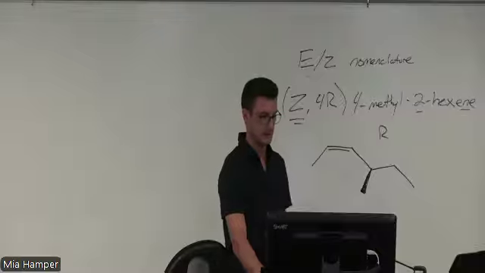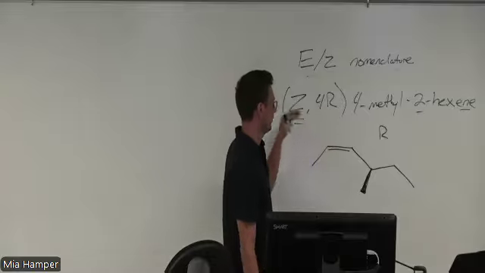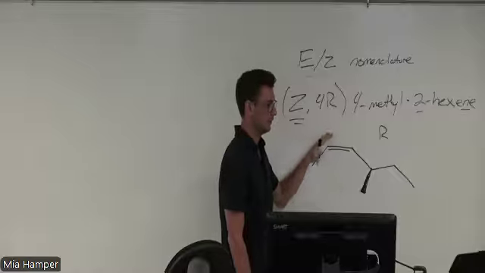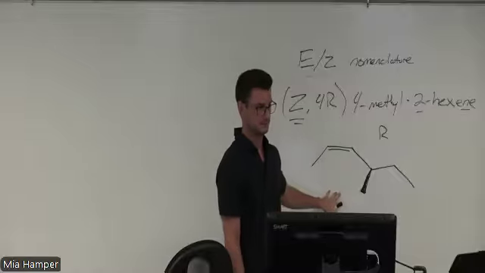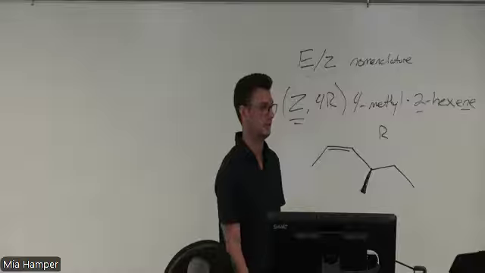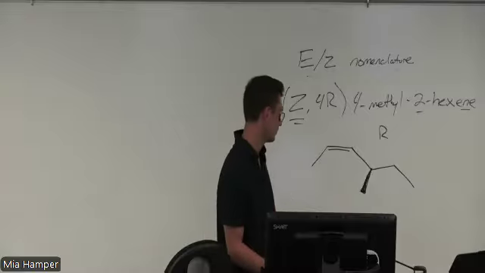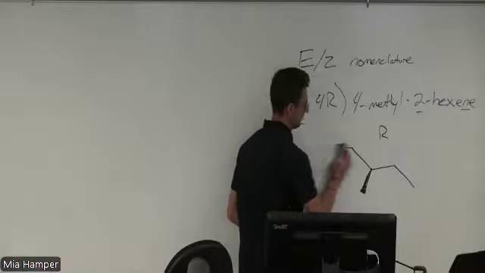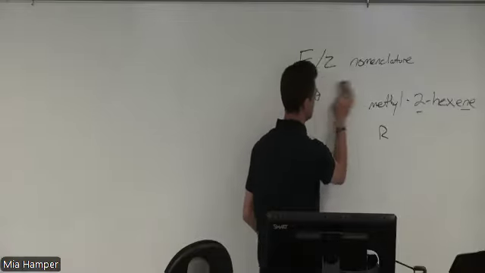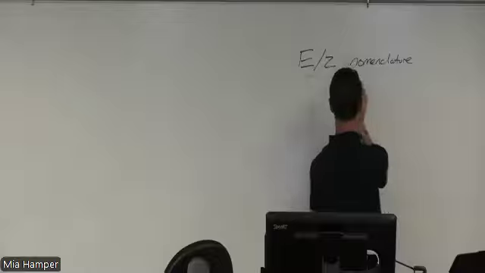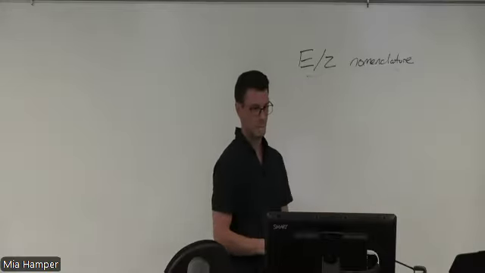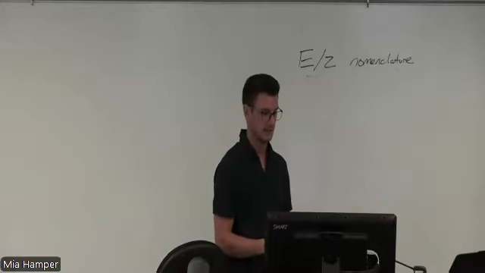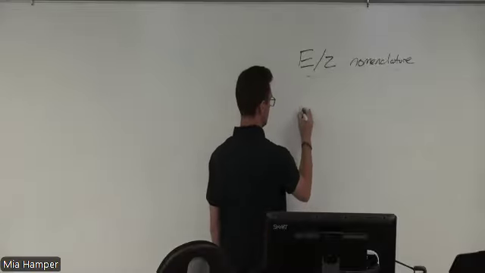So you need to be familiar with how to go from the name to the structure, and just like how you learned in nomenclature, you need to be able to go from the structure to the name. So let's do that. Let's do structure to name.